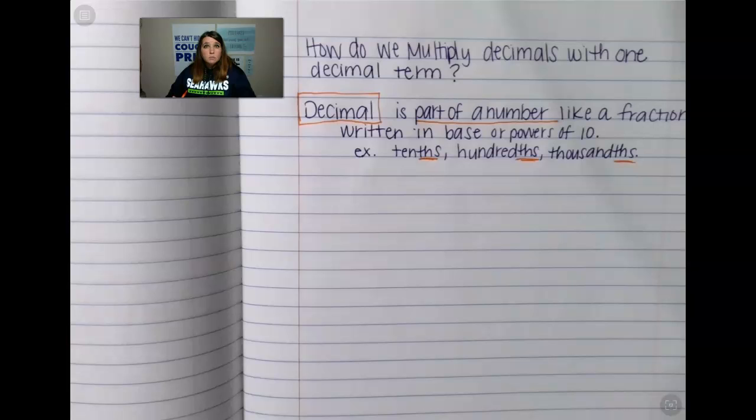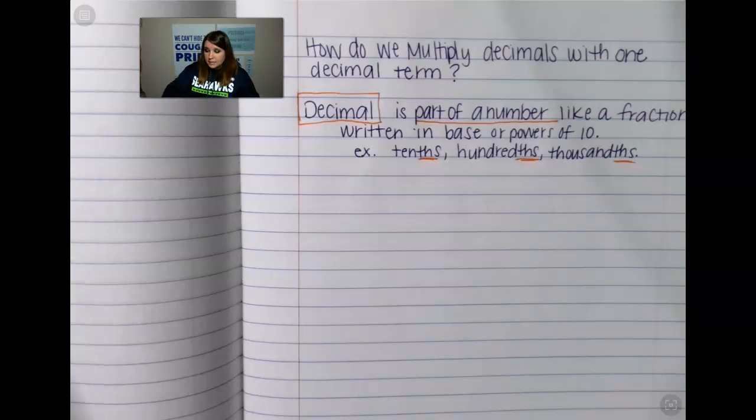Our decimals are written as tenths, hundredths, thousandths, and we're going to use that for multiplication. By the end of today, you should be able to multiply decimals and solve problems involving multiplication of decimals by whole numbers.